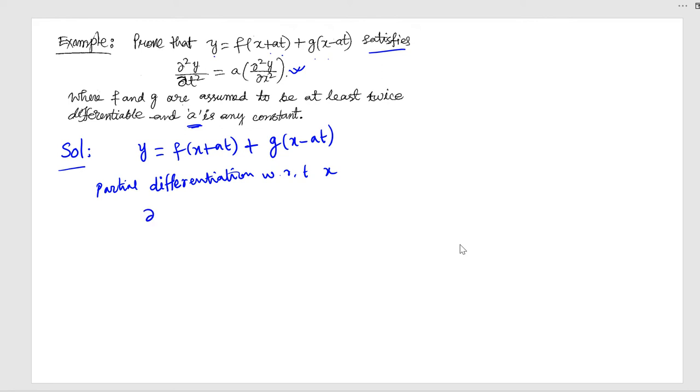It will give del y. Okay. Here the independent variables are x and t.